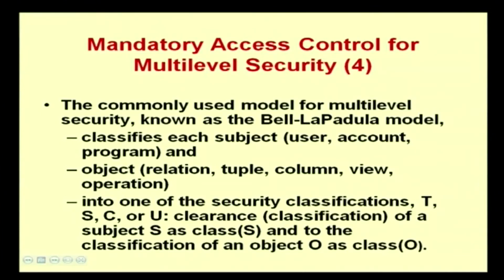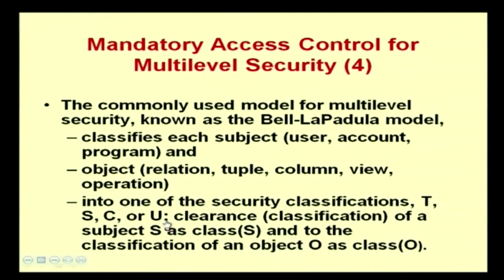It classifies each subject, like a user account or program, and also each object, like a relation, tuple, column, attribute, view or operation, into one of the security classifications TS, S, C or U. We refer to the clearance classification of a subject S as class of S and to the classification of an object as class of O. So, there are 4 levels of security.